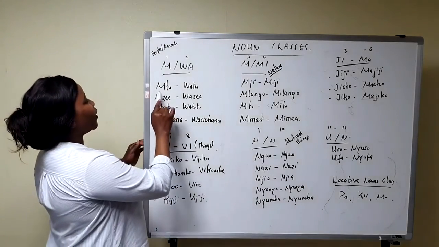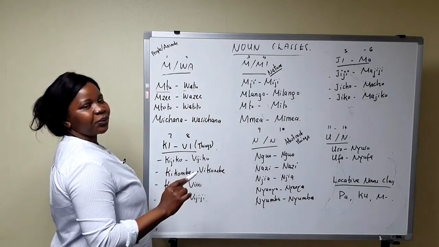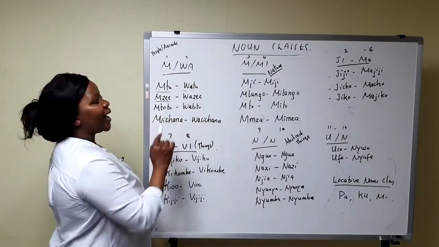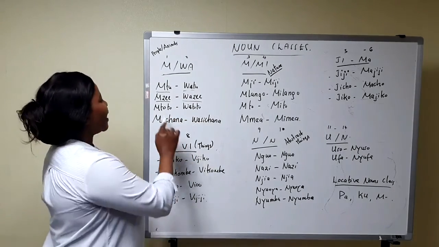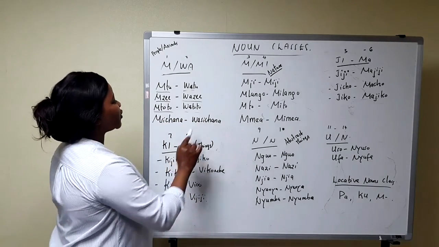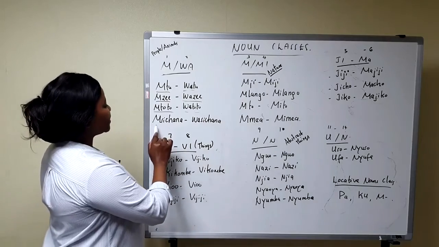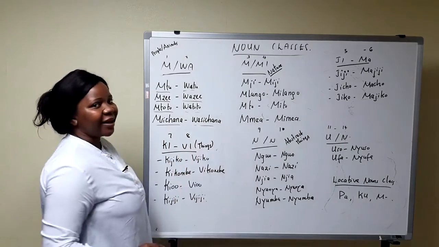For example, mtu, watu, mzee, wazee, mtoto, watoto, msichana, wasichana.